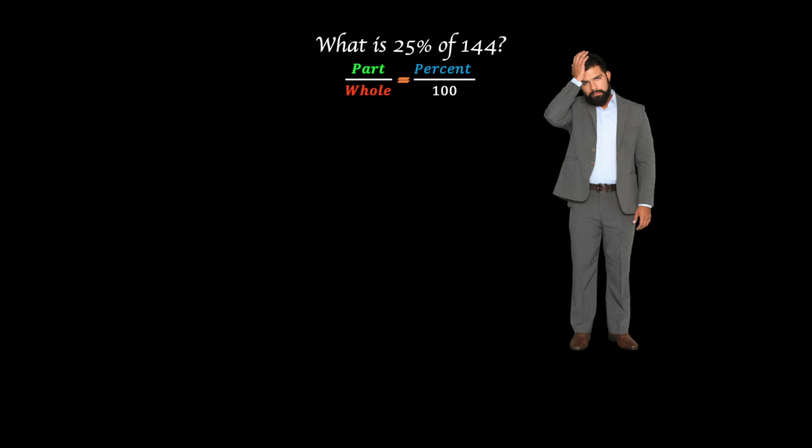So let's write down the formula, part over whole equal percent over 100. The part is what we're looking for, because we don't have the part, but we have the whole number, which is 144, and we have the percent, which is 25% over 100 always.